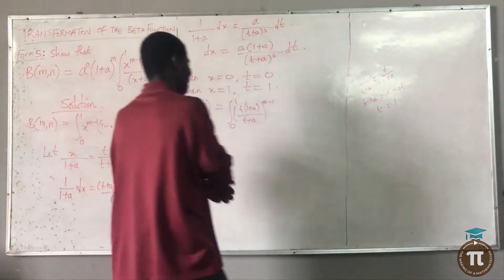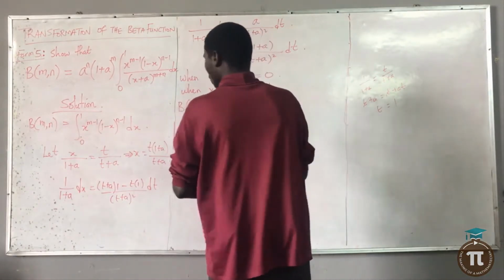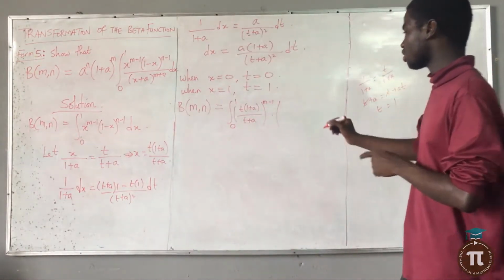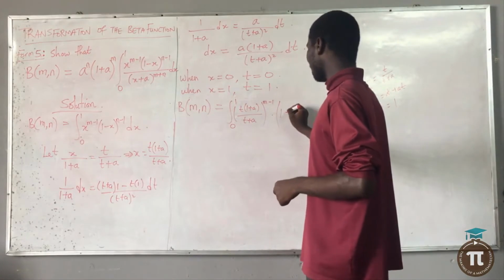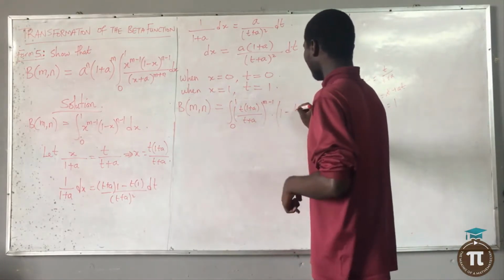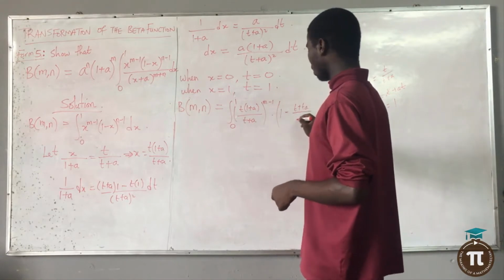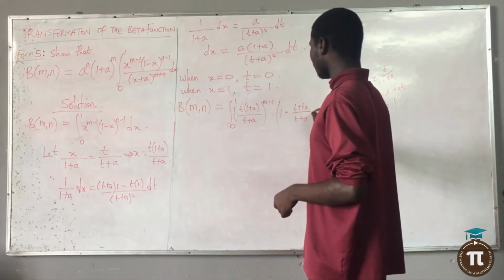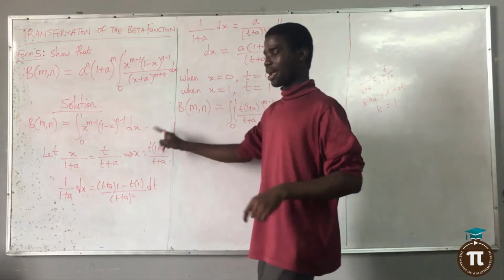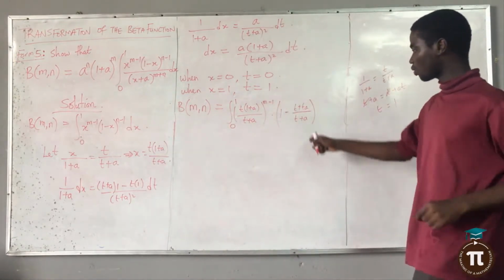So the next thing, multiply by 1 minus s, that is 1 minus t times 1 plus a over t plus a. Open the bracket at the numerator, you have this.